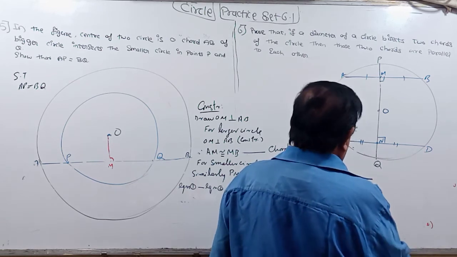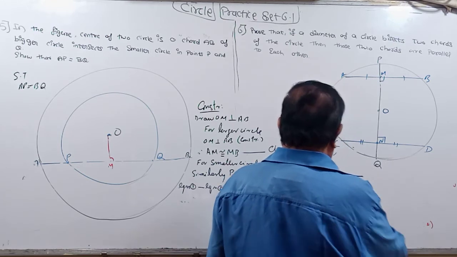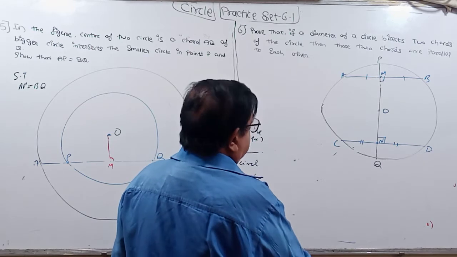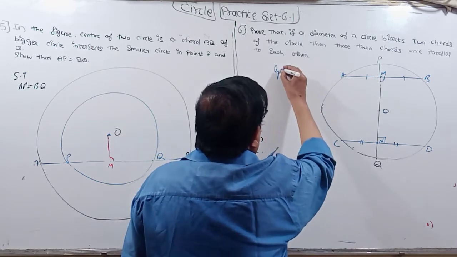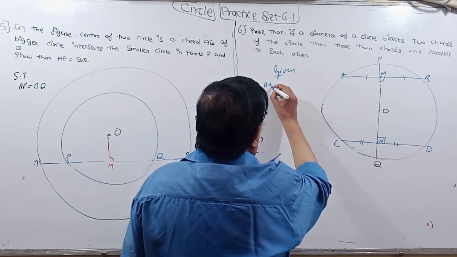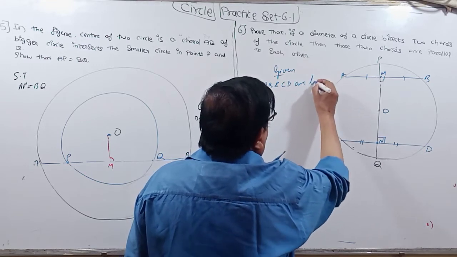Now, if you want me to write it, given etc., you can write it. We will write the whole thing if you want. I have told you, but still I will give you the given. दिया है AB and CD are two chords.